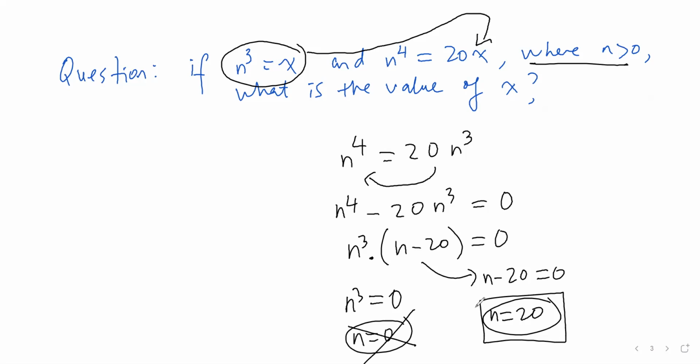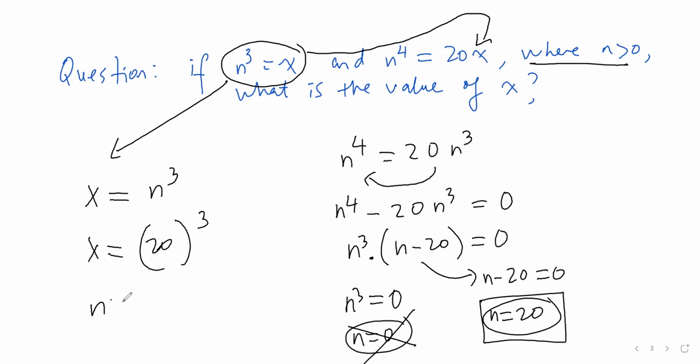Well, I can just go ahead and plug it in, right? Plug it into any equation you want, but it might be simpler to do it here because x is already by itself. So x equals n cubed, and I know the value of n, so that's 20 cubed, which will be 8,000. So the value of x is 8,000.